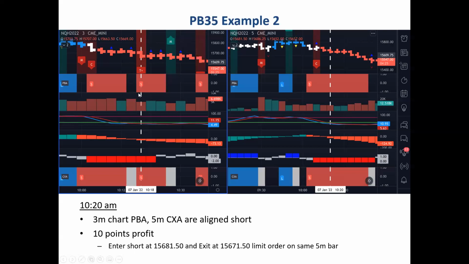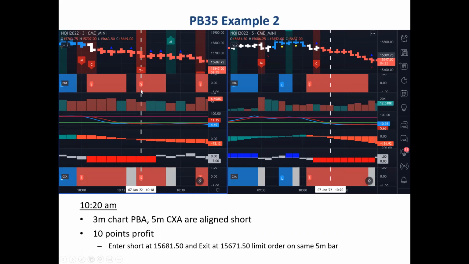So at 10:18, when the 3-minute came on mid-bar on the 3-minute, we now need to wait for the next bar to open. And in this example, the next bar to open could be the 3-minute, which would be the 10:21 bar, or it could be the 5-minute, which would be the 10:20 bar. So we're looking for the first next bar to print and confirm the alignment.